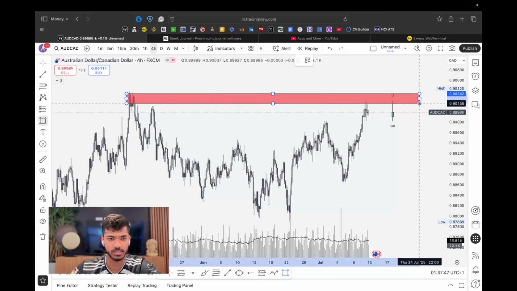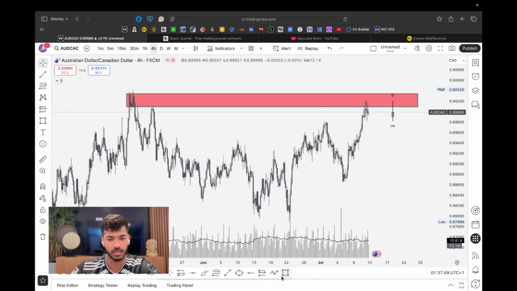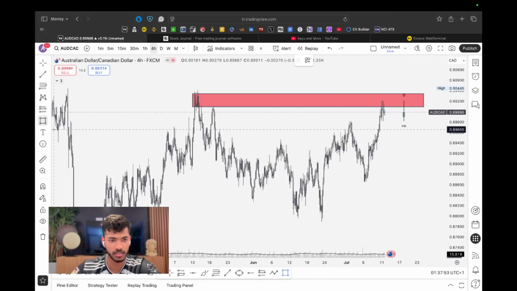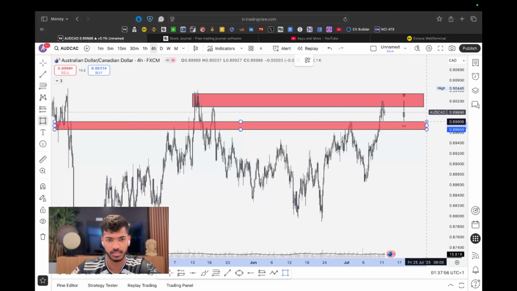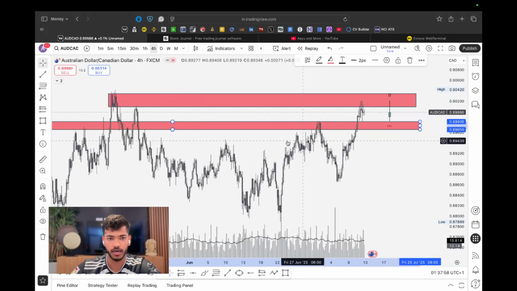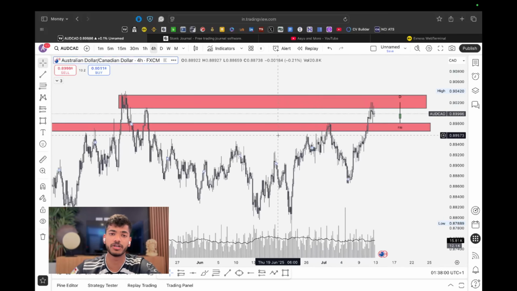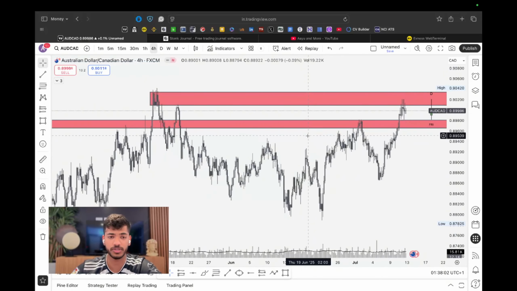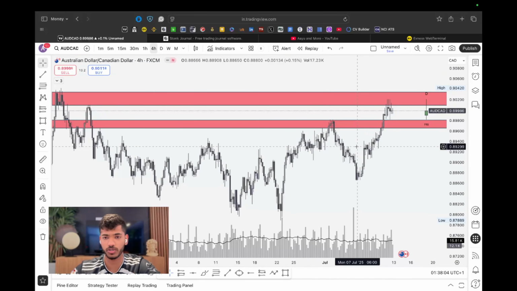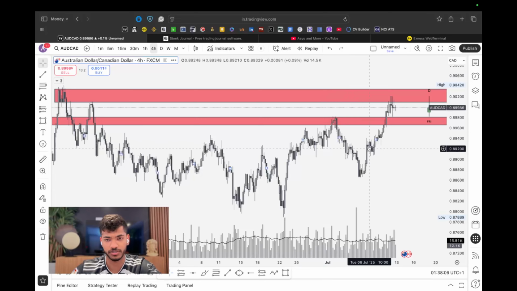So as you can see, this is one existing resistance, and following that, you can see that this is another area of interest, a region of interest, I would say, not just resistance, support, whatever, but area of interest.